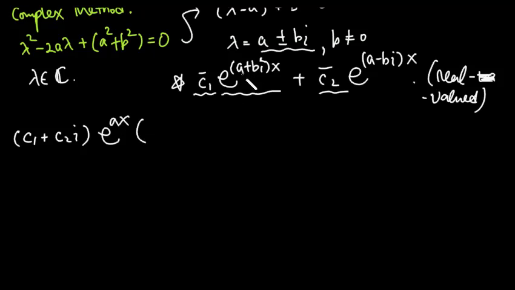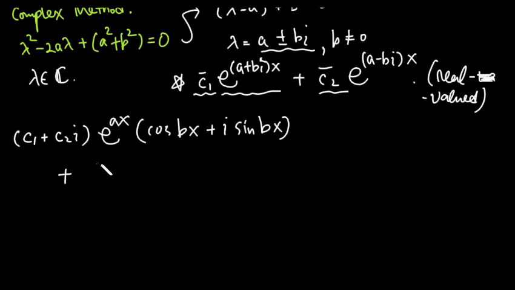Here the real part is ax, so it picks up e to the ax, and the imaginary part is bx, so that becomes cosine bx plus i times sine bx. So that's what this part is.